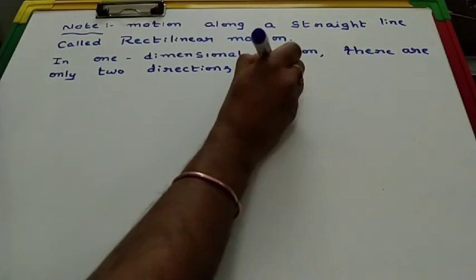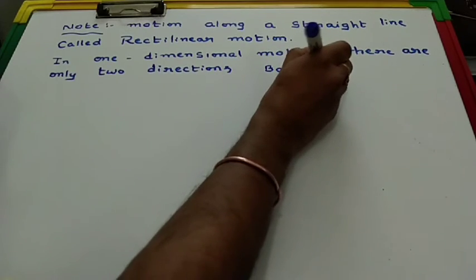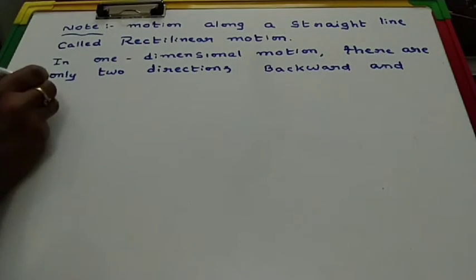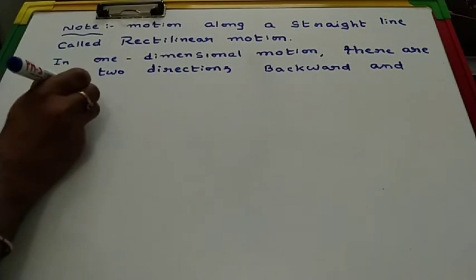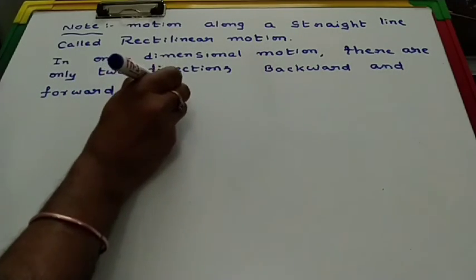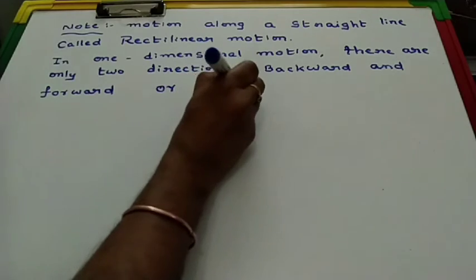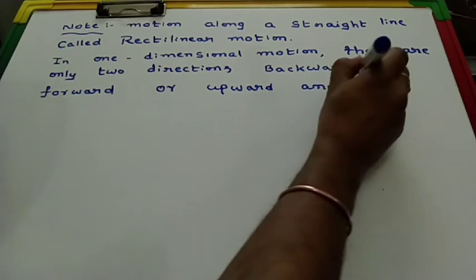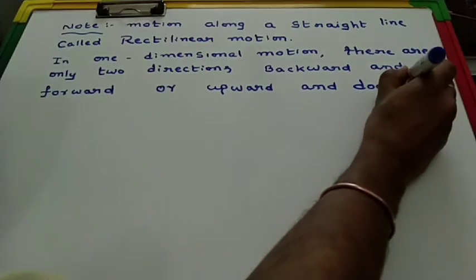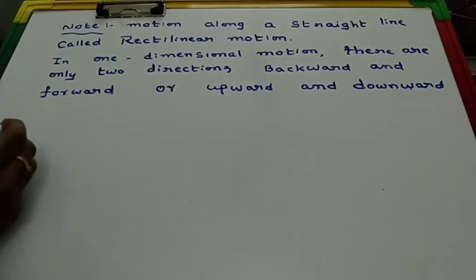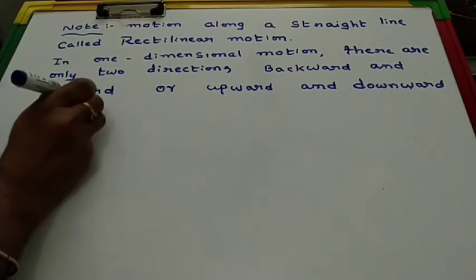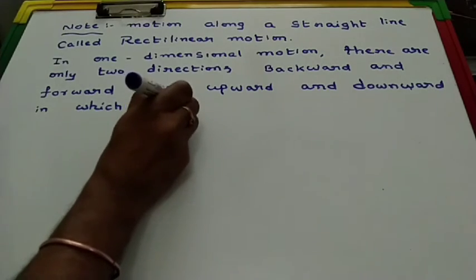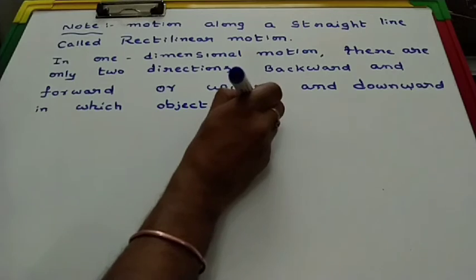That is, backward and forward, or upward and downward, in which the object can move.